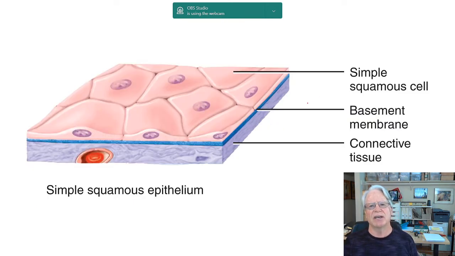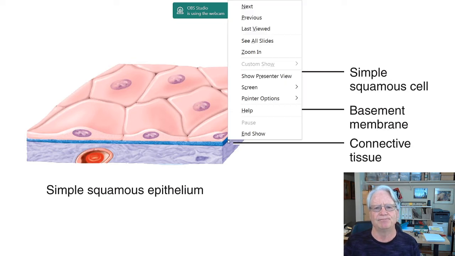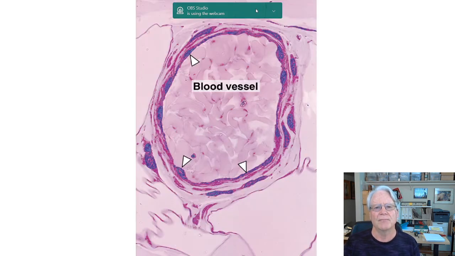So here is a nice example again. We have flat cells with a very thin basement membrane, simple squamous epithelium. Here we have a view of simple squamous epithelium, but now we're in a blood vessel. If you look closely, these are blood cells here, and the lining or the wall of the blood vessel is simple squamous epithelium.